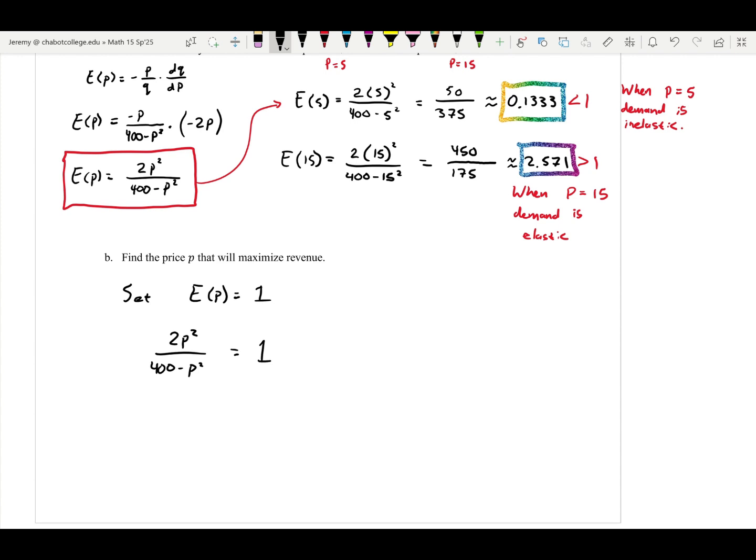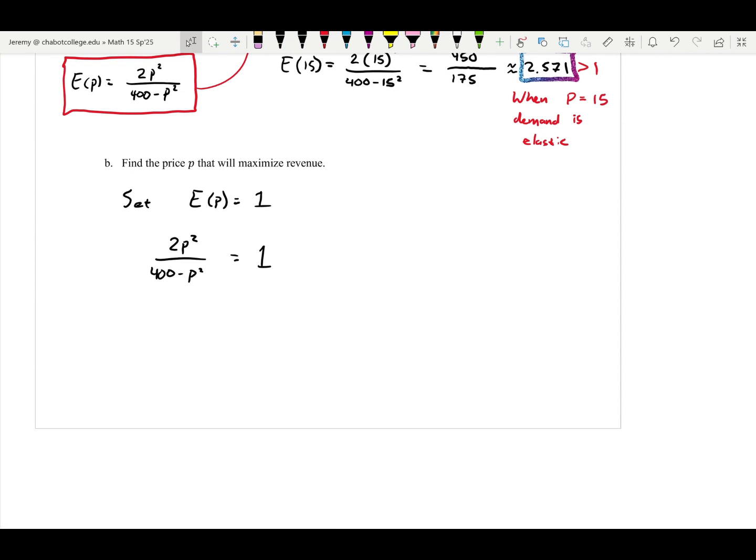All right, and how might we solve this equation here? Well, I don't really like this rational function equal to 1. Let's multiply both sides of the equation by 400 minus p squared.